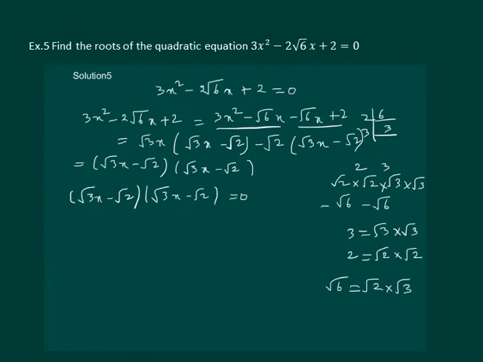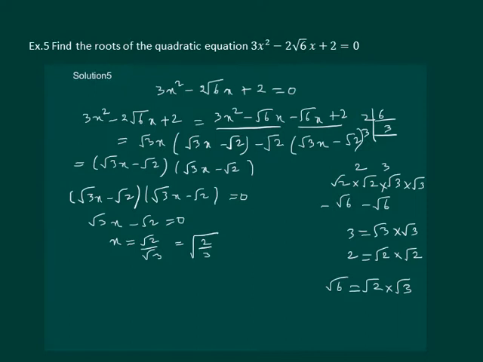That is, if we substitute root 3x minus root 2 equal to 0, we get x equal to root 2 by root 3 or simply root of 2 by 3.